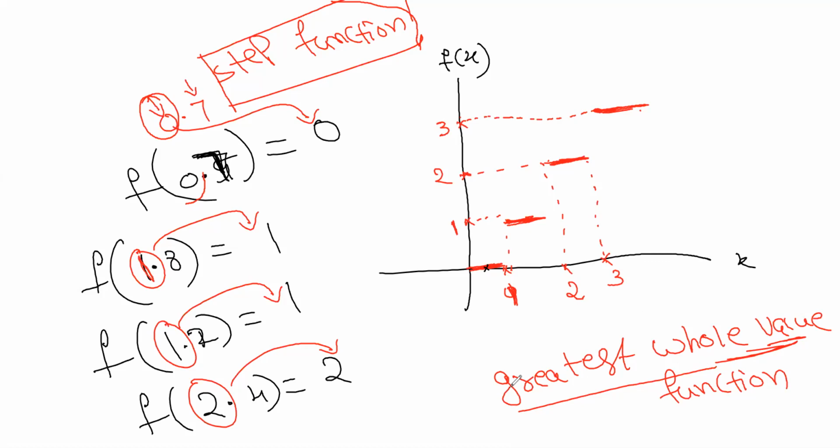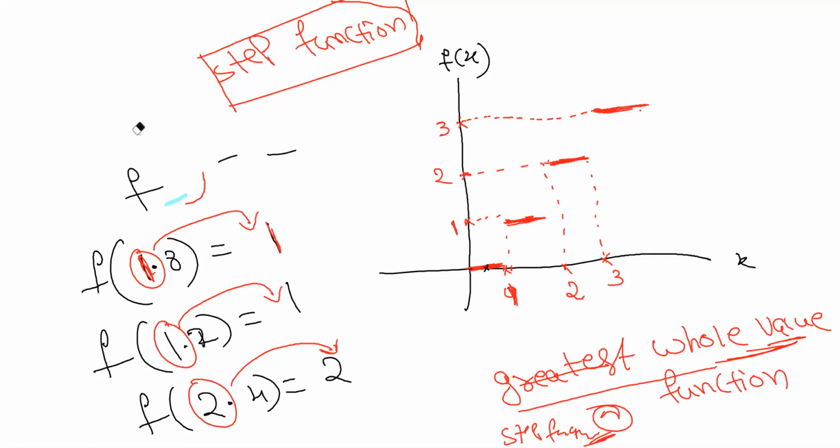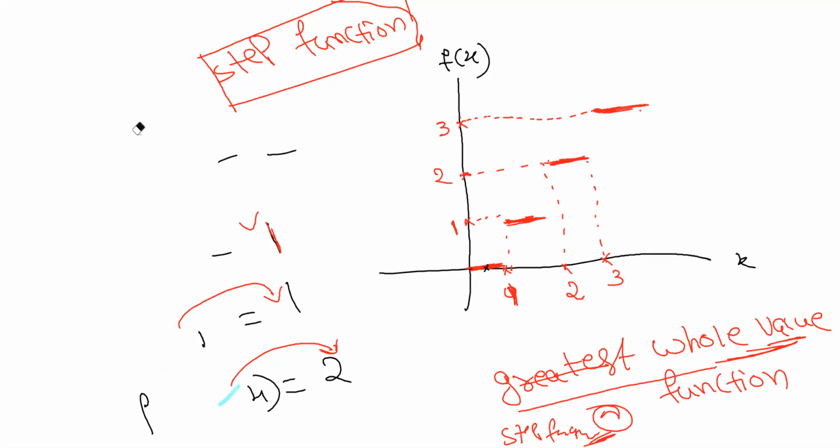Generally, instead of greatest, you can also just take the whole value. If you input 2.4, it gives the answer as only 2, only the whole part. It is also called the greatest whole value function or step function. And how do we denote this step function?